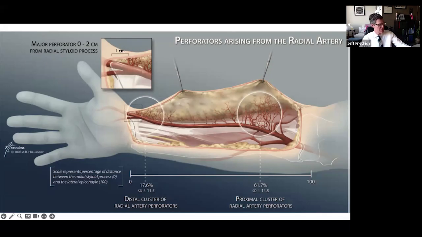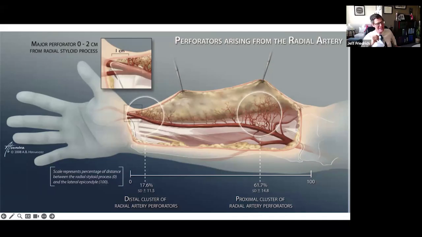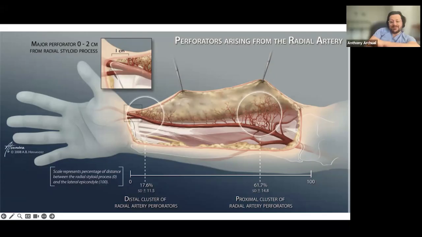Dr. Archel, has this article changed anything for you in terms of how you think about perforator flaps, or has it made a good roadmap for you? What's your take on it? Well, first of all, I'm glad it's not just me that felt like I need to up my game when I publish something with figures. No more pen and ink drawings, no colored pencils.